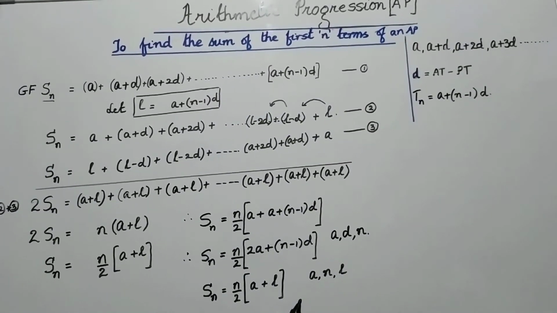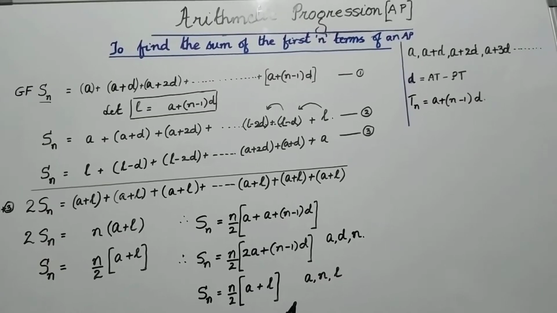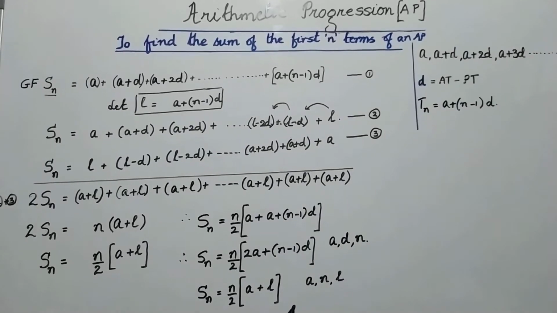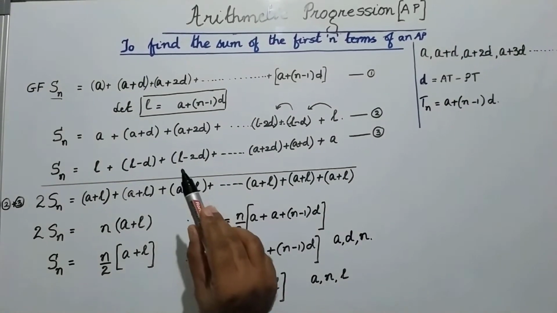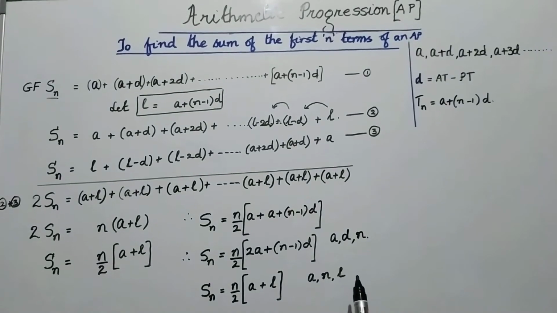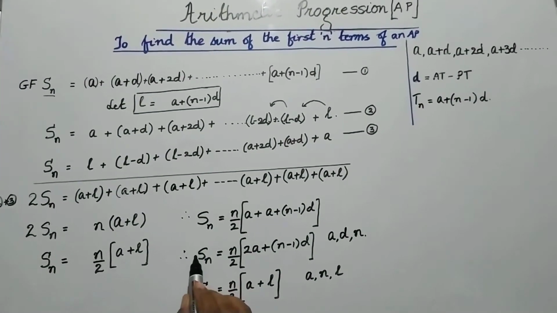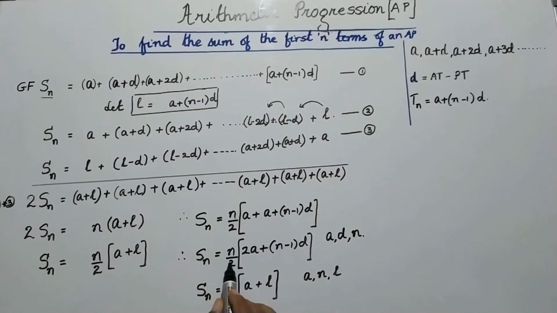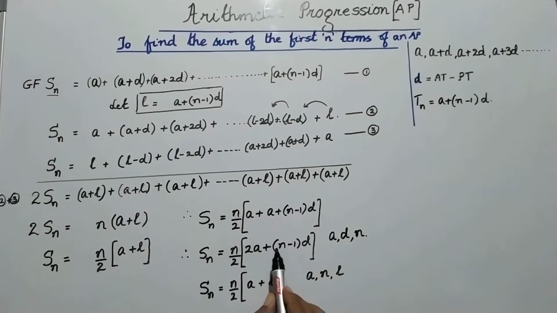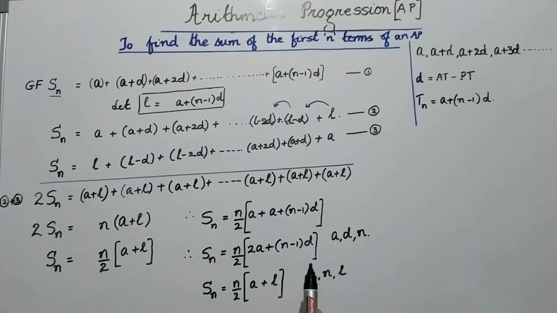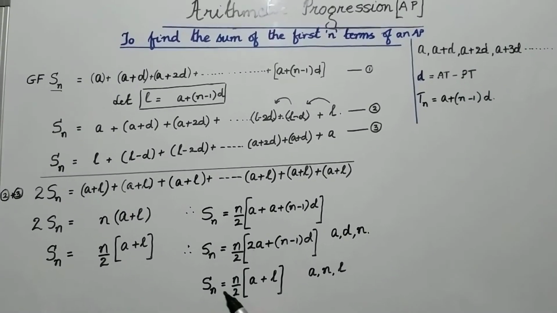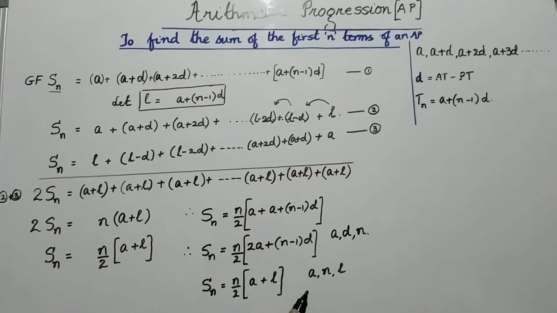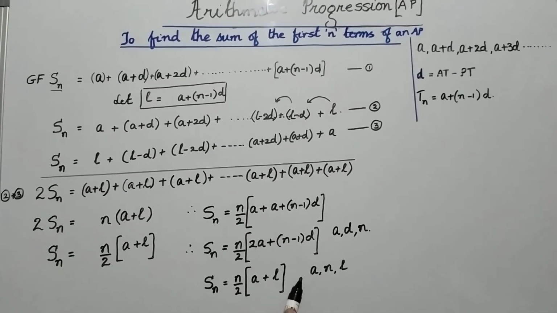this is a derivation which is not asked usually, but it is good that you know to build your subject well, to understand your subject well. We have found out the sum of the first n terms of the AP, and the first n terms, if we add, we get Sn is equal to n by 2 into 2 times A plus n minus 1 into D. And the sum to n terms is also given by n by 2 into A plus L. And what are the alphabets standing for?